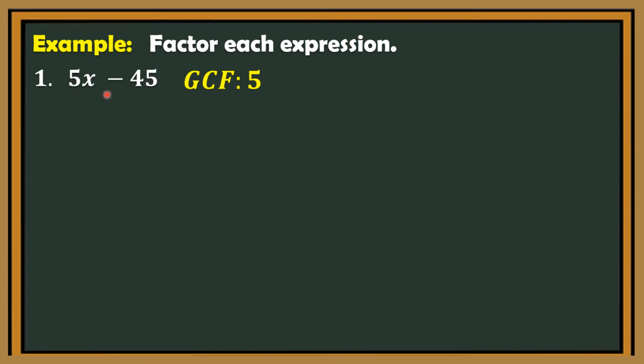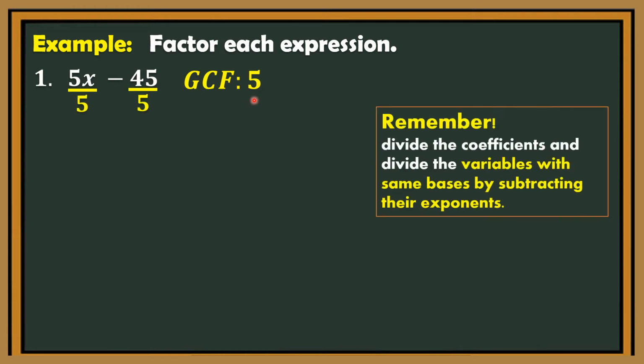Let us divide each term by 5. Always remember, divide the coefficients and divide the variables with the same bases by subtracting their exponents. So let us divide the coefficients. 5 divided by 5 is 1.